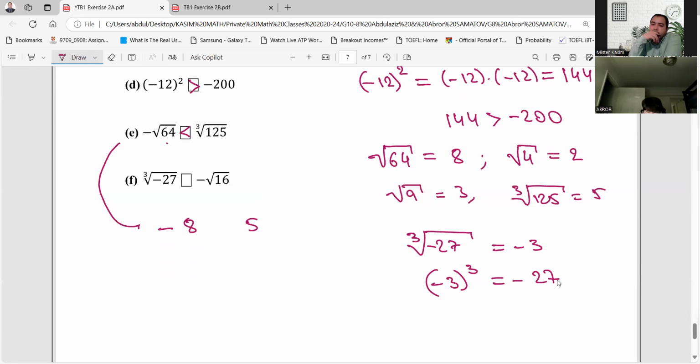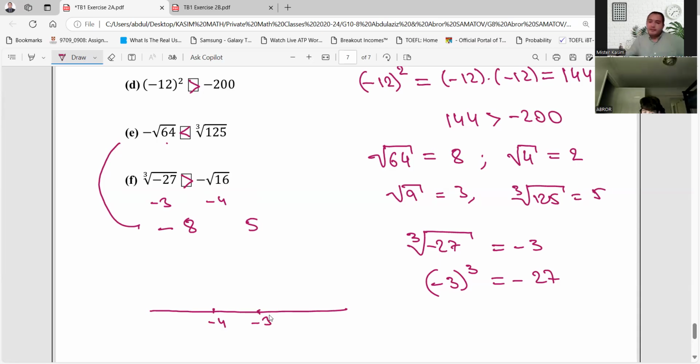So here, this one is -3, and this one is -4 because the square root of 16 is 4. So which one is greater, -3 or -4? -3. Because on the number line, here we have -4, and here we have -3, right? -3 is to the right of -4. As you move to the right, numbers get bigger, right?